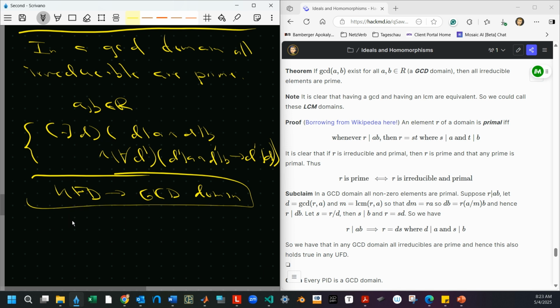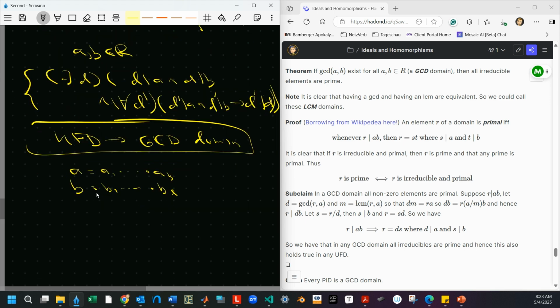Once we're a UFD, we have A equals A1 times through AK, and B equals B1 times through BL. Now, these are two different things, so the lengths don't have to be the same. And what we do is we collect up common terms. Let D equal the common terms with multiplicity.